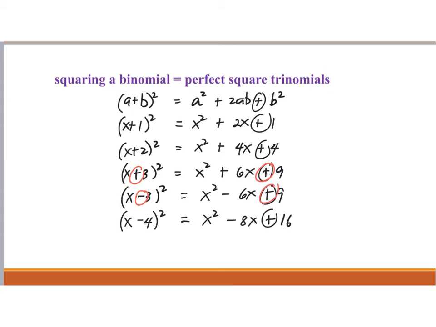The reason is that whether you're using FOIL or the formula, the last term of the perfect square trinomial is the result of multiplying the second term of the binomial by itself. And whether you are squaring a positive number or a negative number, the result is always positive. So positive 4 squared is positive 16, and negative 4 squared is also positive 16.